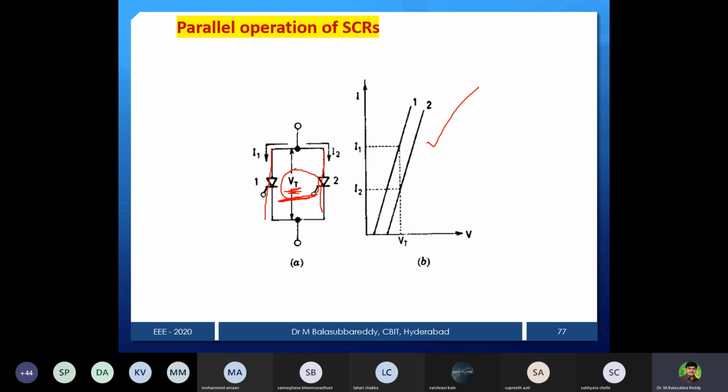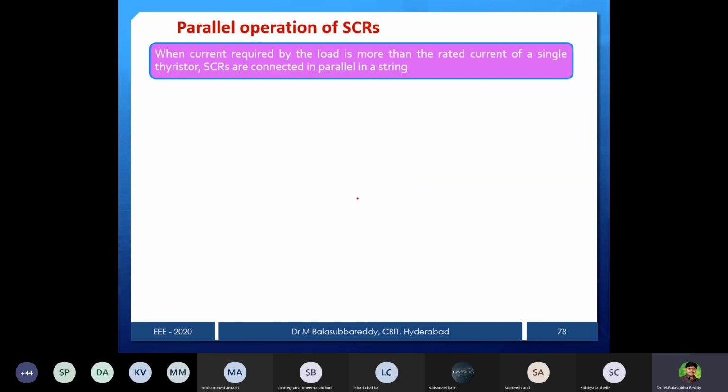If I draw a vertical line for those characteristics, we notice that SCR1 carries more current and SCR2 carries less current. If these two currents are different, what will happen? SCR1 is sharing more current than SCR2. That is also a problem. I don't want unequal current sharing. If any number of SCRs are connected in parallel, all SCRs must share equally.